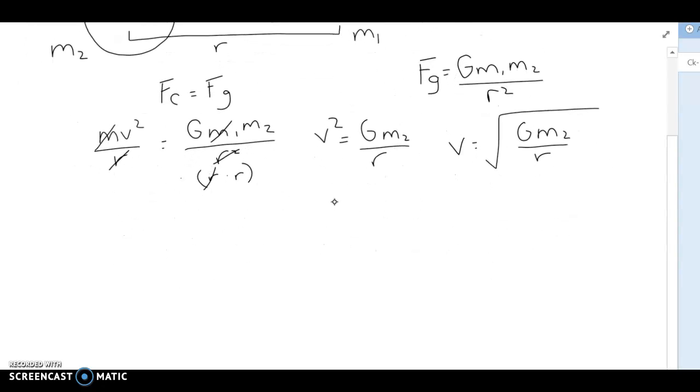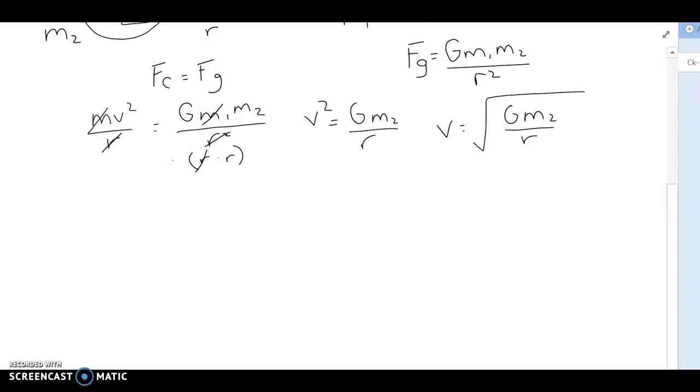Then we can put onto this the other one we have from uniform circular motion, which is our equation v equals 2 pi r over T, the period. We're going to insert that into our equation for centripetal force.